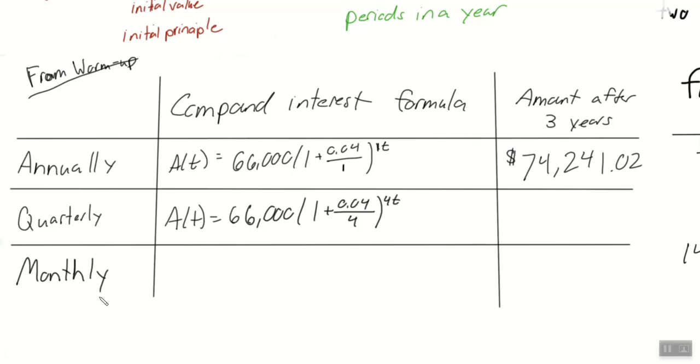There should be 4 times. What are we plugging in for t for each problem? 3. So we should be plugging in 3 for each one. I'm going to write my monthly, see if you get the same equation.